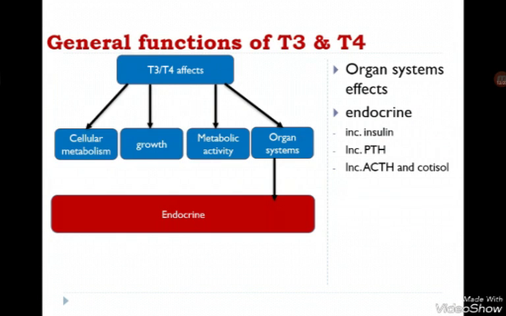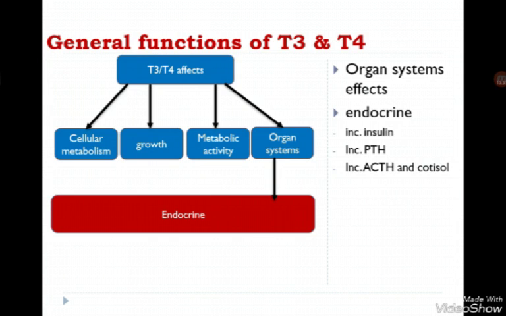Now finally, let's talk about some glands that are affected by the increase of thyroid hormone. Thyroid hormone also affects the endocrine system by increasing the secretion of insulin, as we saw in the previous slides, by increasing carbohydrate metabolism, and therefore insulin will increase.